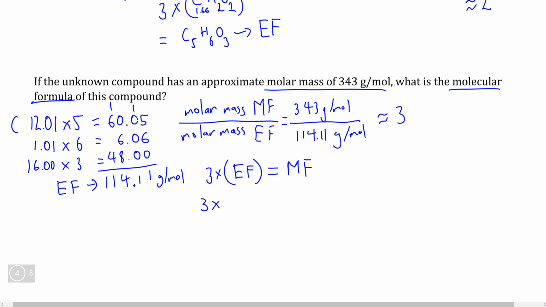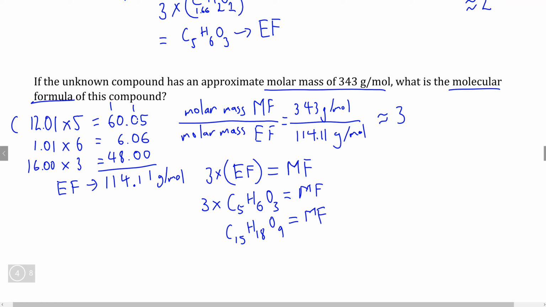So if we take this factor that we have here and multiply our empirical formula, C5H6O3, by it, we should get our molecular formula. So if we do that, 3 times 5 is 15, 3 times 6 is 18, and 3 times 3 is 9. We have just found our molecular formula.